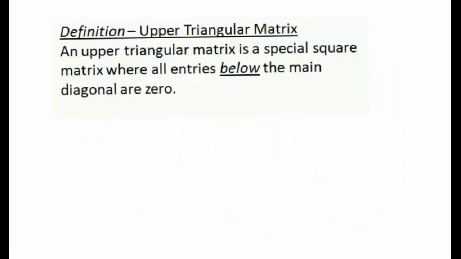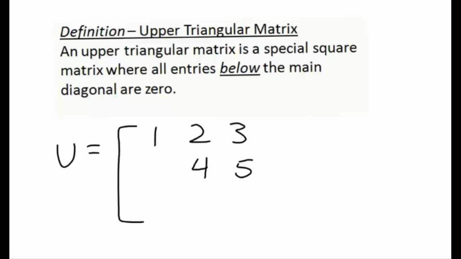Next up, we have some special kinds of square matrices called triangular matrices. An upper triangular matrix is a square matrix where all of the entries below the main diagonal are equal to 0. For example, I could draw a 3 by 3 upper triangular matrix like this.